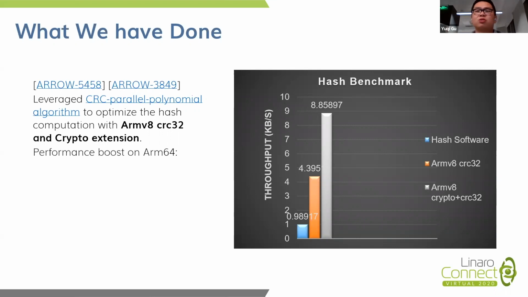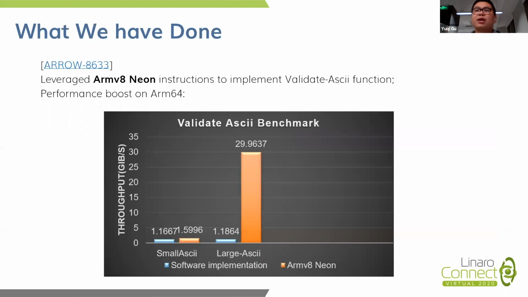We get this performance boost on AArch64. Next, we also leverage the ARM Neon instructions to implement the function of validating ASCII strings for Arrow.